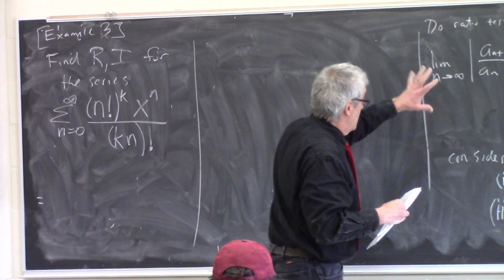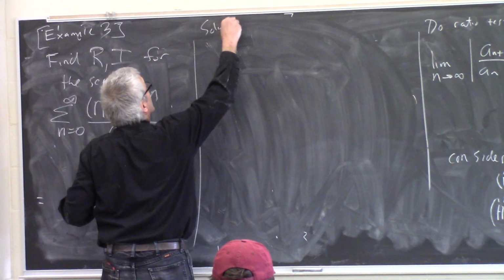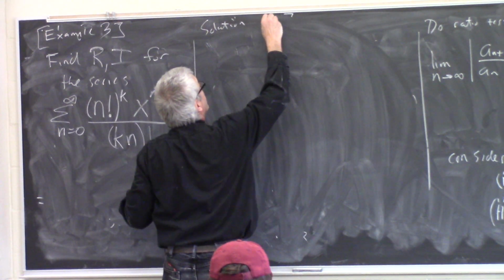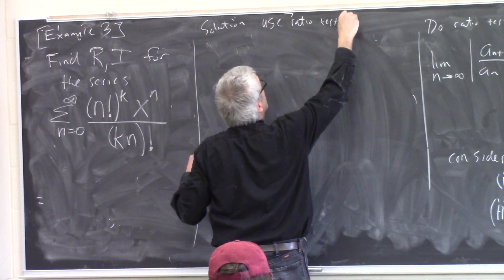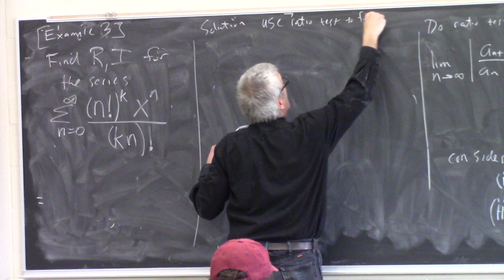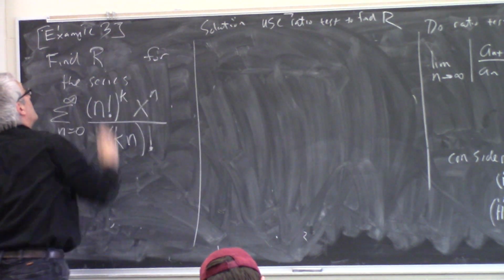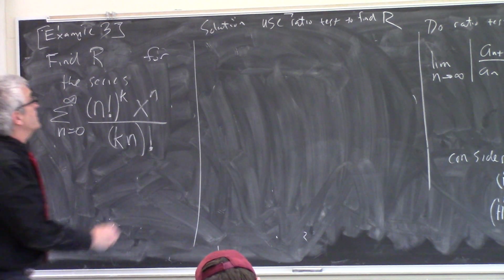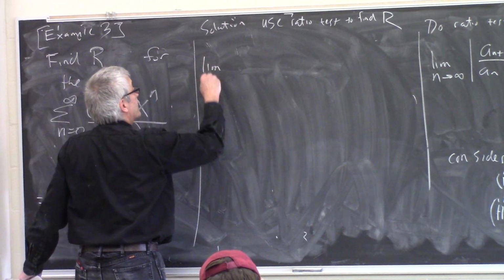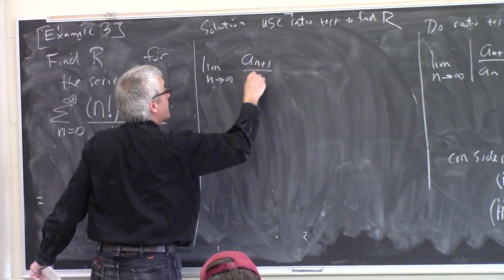Okay, so we're going to use the ratio test to find R. In fact, in this problem, I'm just going to say find R. So we're going to do the limit as n goes to infinity of the absolute value of a sub n plus 1 divided by a sub n.